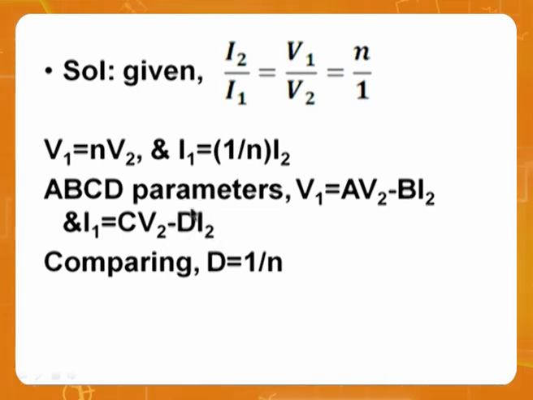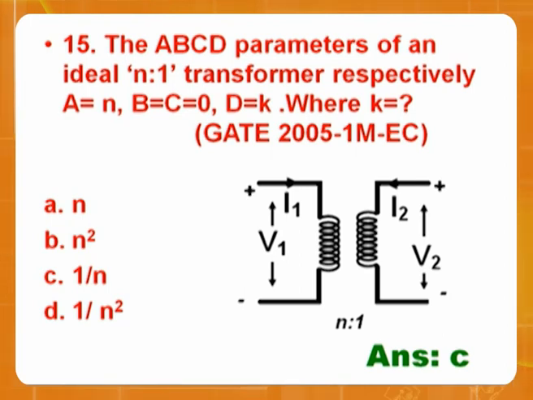So what is in the place of D? You look here, in the place of D you have 1 by N. So the option is 1 by N. This is just a transformer equation, that's all, nothing else.